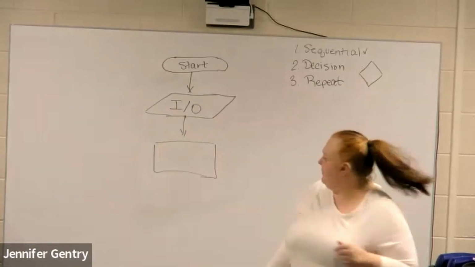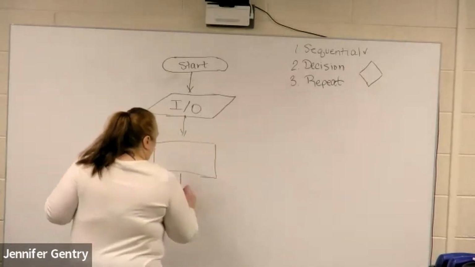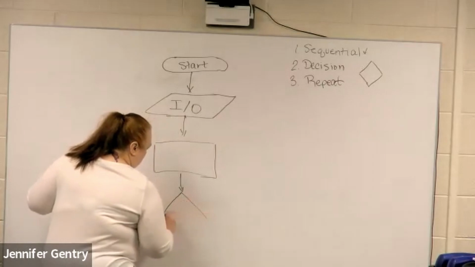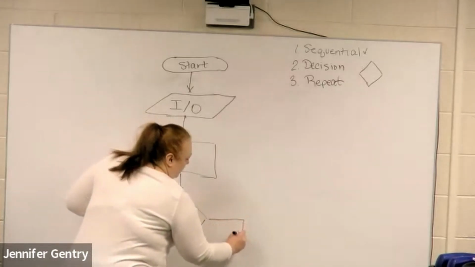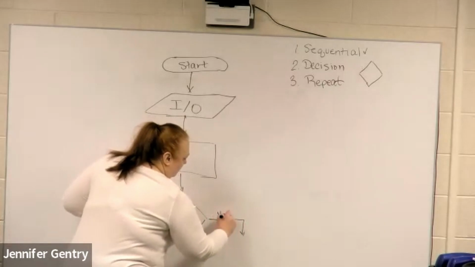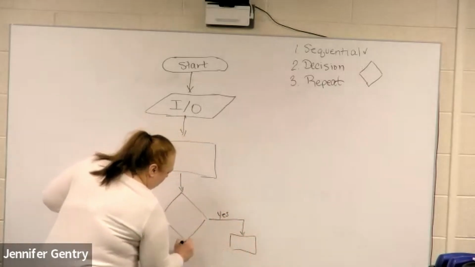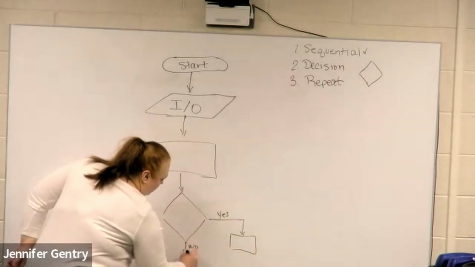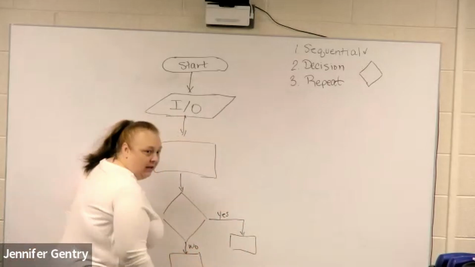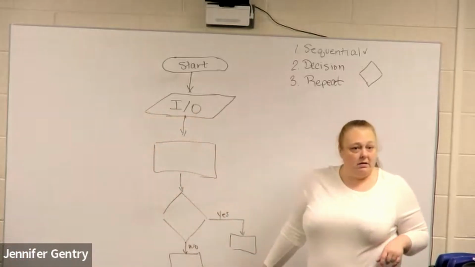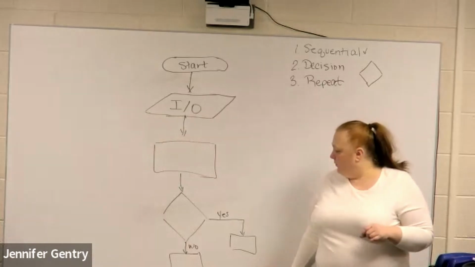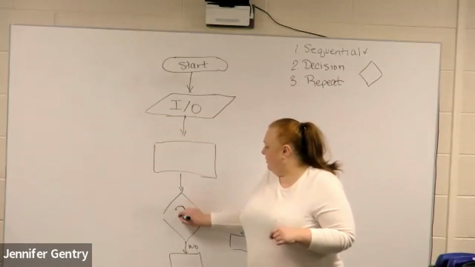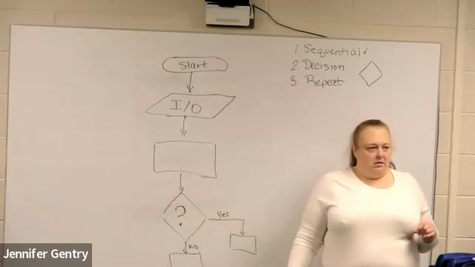So I go here. I know you guys have maybe seen this. If yes, do A. If no, do B. Something that looks like that. Okay. This is going to be your decision.